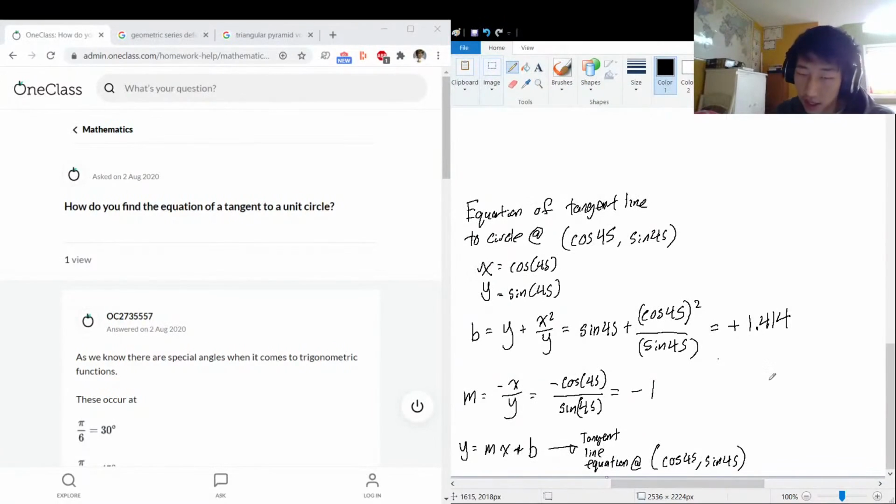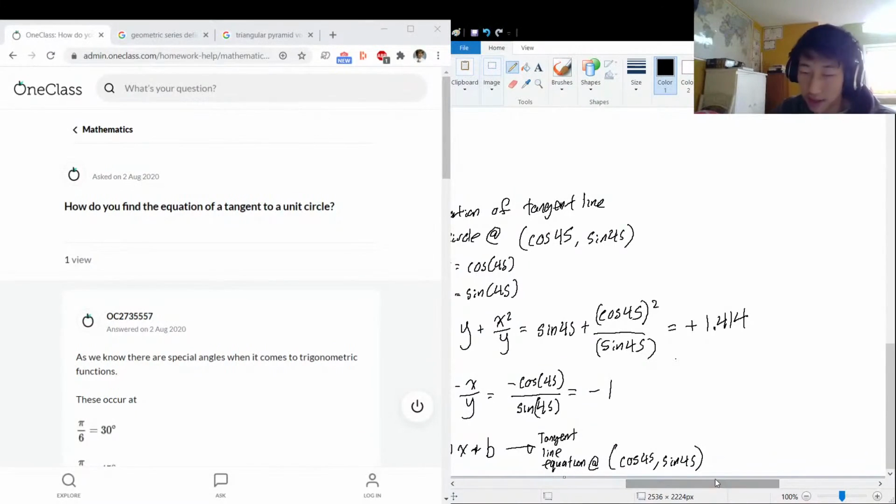So the tangent line equation for a line that is tangent to this point is going to be y equals -1 times x plus b, which is 1.414.